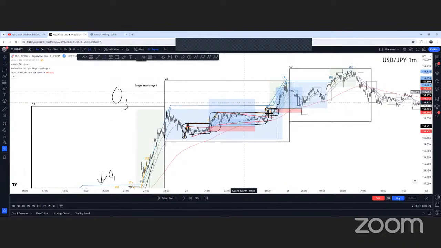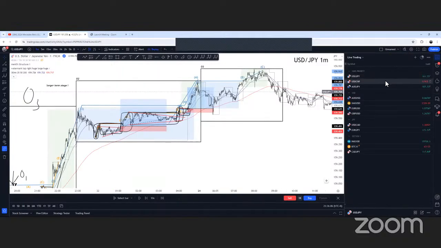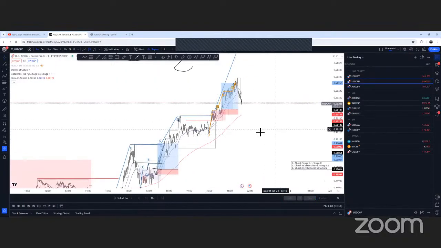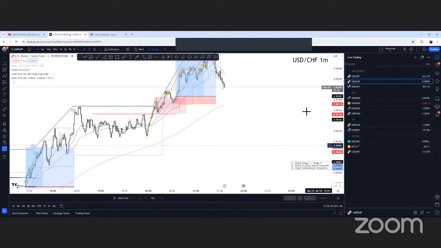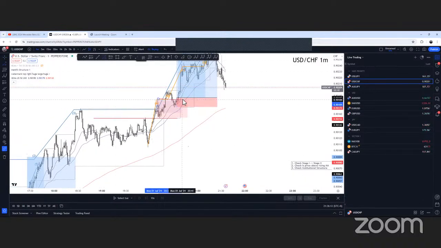Now, the same goes with here as well, right? You draw a triangle with it. This is what I define as a longer term stage one having been done, where you can draw a perfect triangle. When I mean perfect, it's literally a perfect triangle like this. So for example, as for the USD station, I will have this one, right? Guess what?